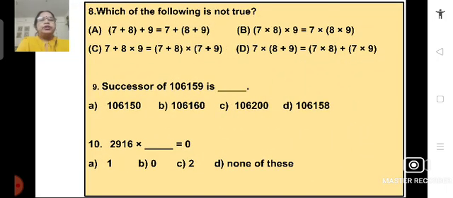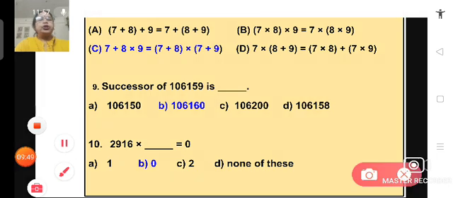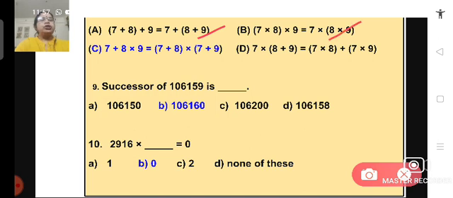Question number 8. Which of the following is not true? So we have to look at the statements and decide which one is not true. The first statement shows the associative property of addition of whole numbers. Second, B shows the associative property of multiplication of whole numbers.